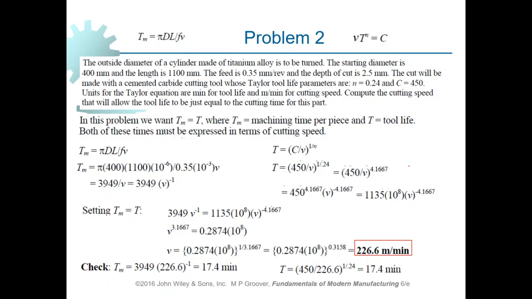In this problem, we made use of a single cutting tool in order to cut 1 workpiece, and then it is exhausted. We've got to replace it with another one. Now we want to compute the cutting speed in a way that it is possible to machine 2 workpieces with a single cutting tool. Then how does it change the solution of this problem? What has to change?